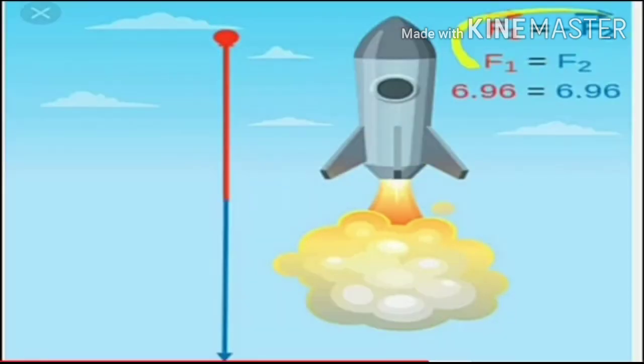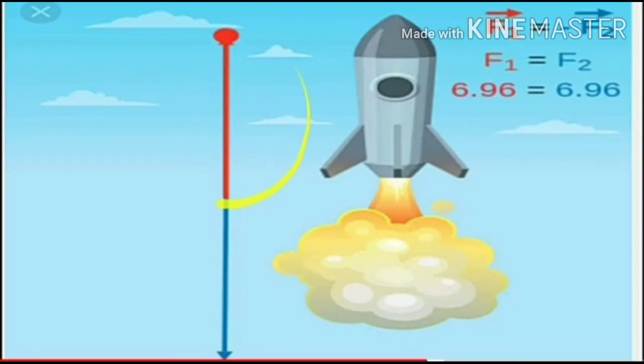These are the gases coming out at high velocity, and the reaction with the same force makes the rocket move. This is the action. This is the reaction. That's why I have given you F1 equal to minus F2. Here the negative symbol represents the opposite direction.